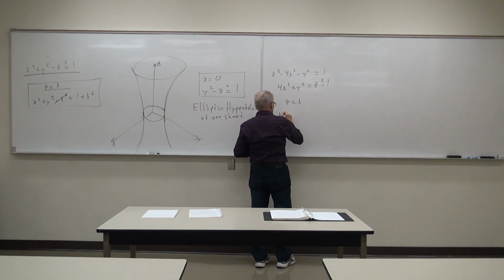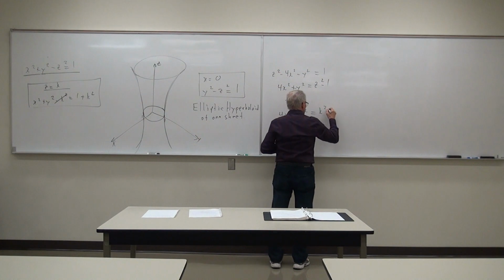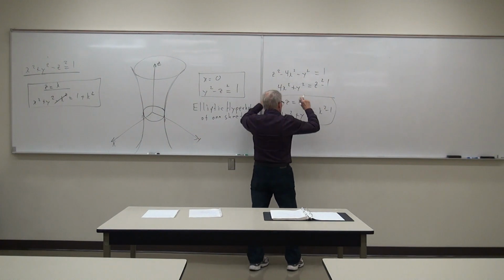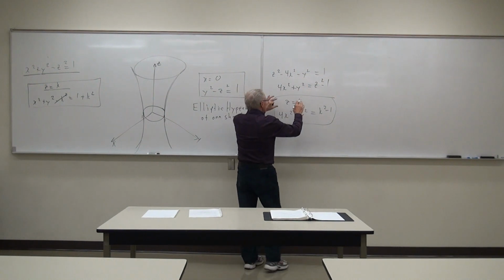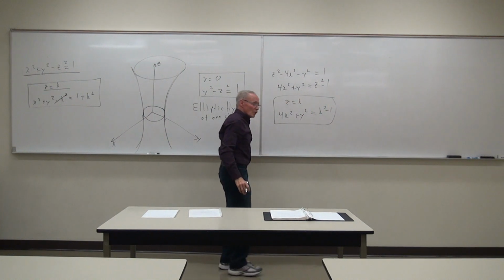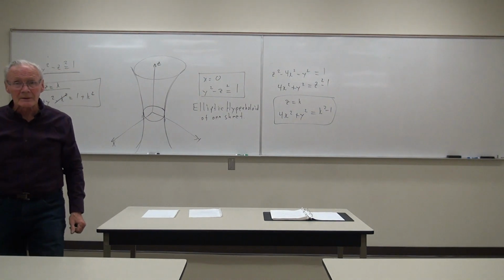If we do that, we get 4x squared plus y squared is equal to k squared minus 1. So the intersection of this surface, whatever it looks like, in the z equals k plane, is this curve in that plane.